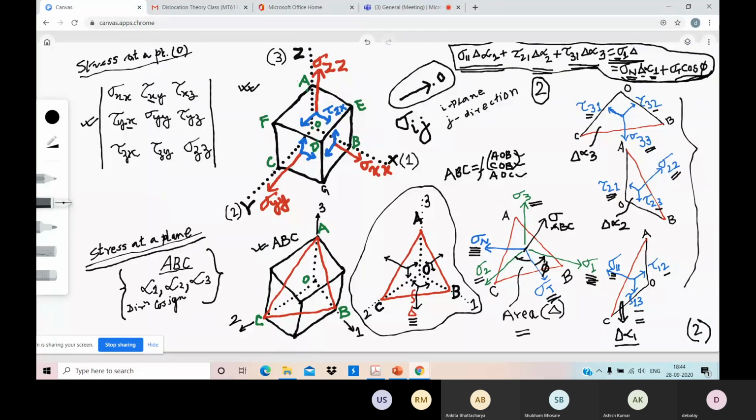Similarly, the force balance along direction 3: tau 13 delta alpha 1 plus tau 23 delta alpha 2 plus sigma 33 delta alpha 3 equals sigma 3 delta, which equals sigma n delta alpha 3 plus sigma t cos of another angle that sigma t makes with direction 3. So these will be the 3 equations.